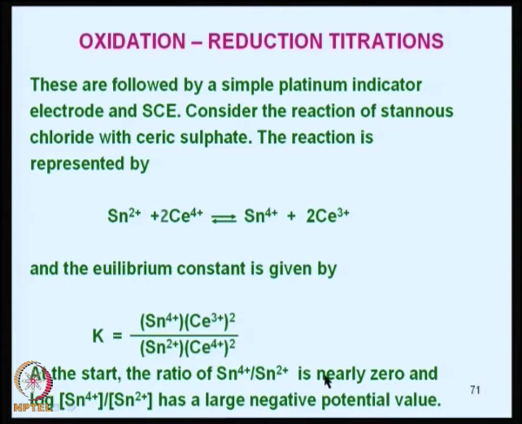That means, before I add any ceric, most of it would be stannous. That means the stannic to stannous would be 0 and the log of Sn4 plus divided by Sn2 plus would have a large negative value, because the concentration in the denominator is almost near 0. So, it will have a very large negative value.